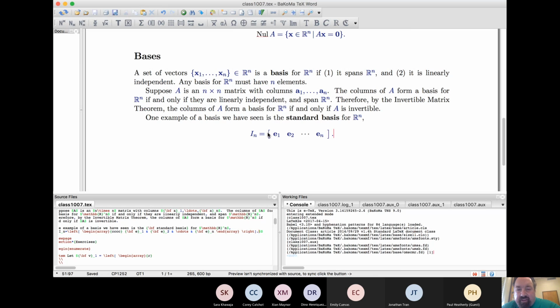So they're linearly independent. This is the simplest example of a basis for Rn, but any vector space has infinitely many possibilities for a basis. For R3, any three vectors you can come up with that are linearly independent would describe a basis.